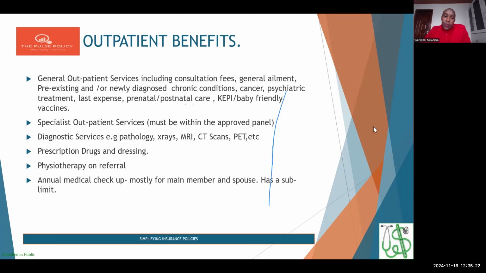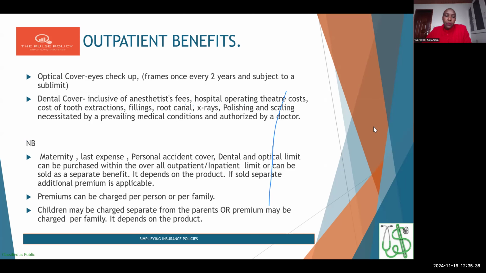Prescription drugs are of course covered within the outpatient, the dressings, physiotherapy on referral, and as mentioned, the annual medical checkup for the main member and spouse or the member only, and that one has a sub-limit of between 10,000 to 15,000. Optical checkup is covered for the eyes, but for the people who put on glasses, you'll find that most insurance companies are going to limit the purchase of frames to 2 years.